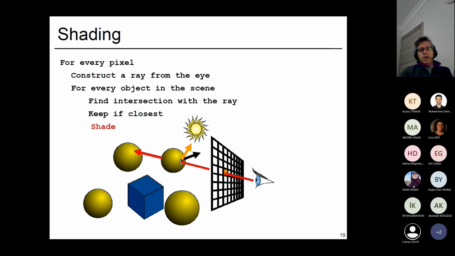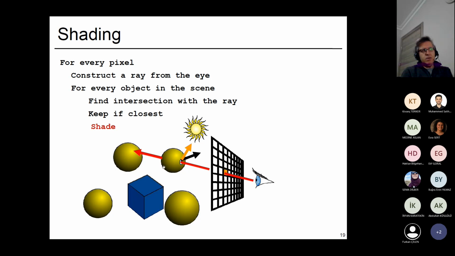Now, the major difference that you can see here is this. Let's look at this simple case, right?